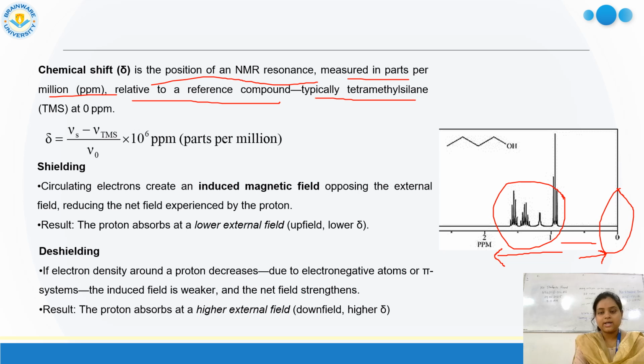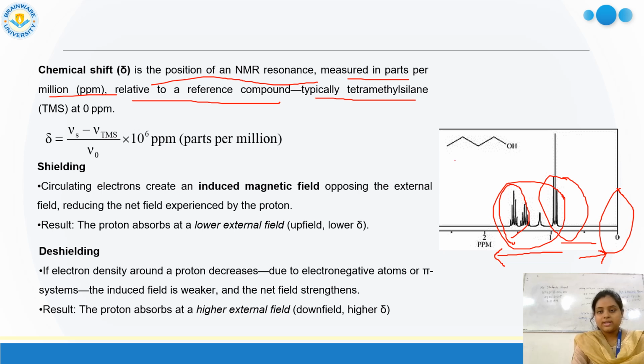Which one is shielded and which one is deshielded? We can easily explain that, right? The first peak is near 0, showing the lower chemical shift, so it is the most shielded here. And the last one shows the higher chemical shift, so it is the most deshielded protons.